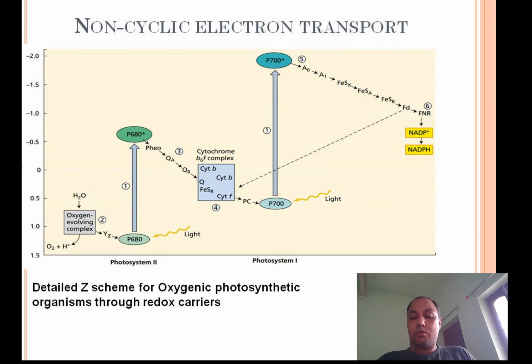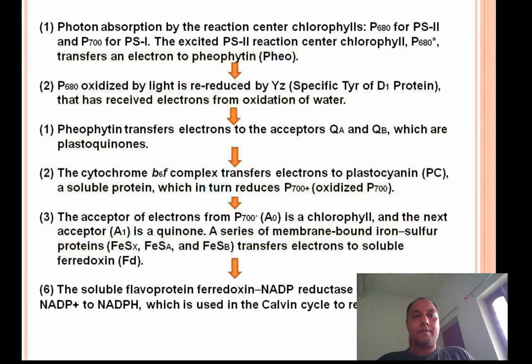Now we need to understand that again. You can consider that photon absorption by P680 and P700 is transferred, and the electron from P680 is given to pheophytin. That means P680 is oxidized and it is re-reduced by YZ, which has received the electron from water oxidation.